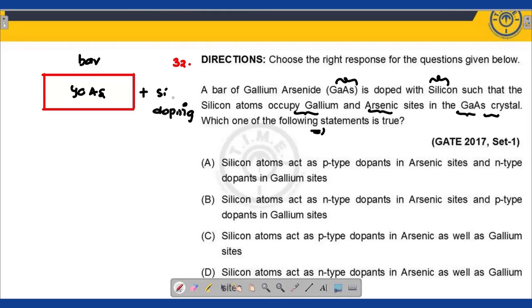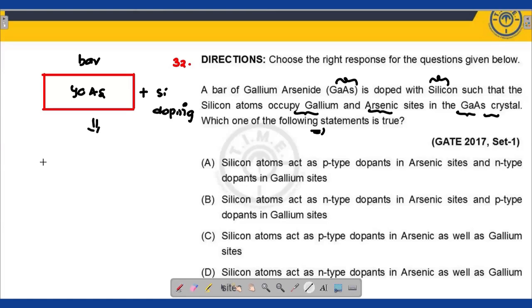Silicon atoms occupy gallium and arsenic sites in a GaAs crystal. Since it occupies gallium and arsenic, the doping will be done over here.